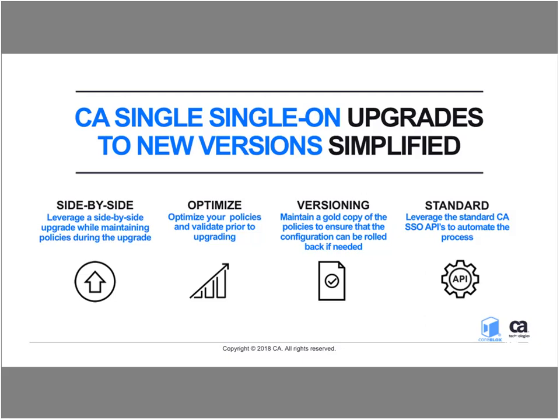The other benefit of a side-by-side upgrade is that it lets you clean up as you go along. So as your policy stores have been in existence for a while, they've accumulated things which may no longer be out there and deployed, applications which perhaps are no longer in use.